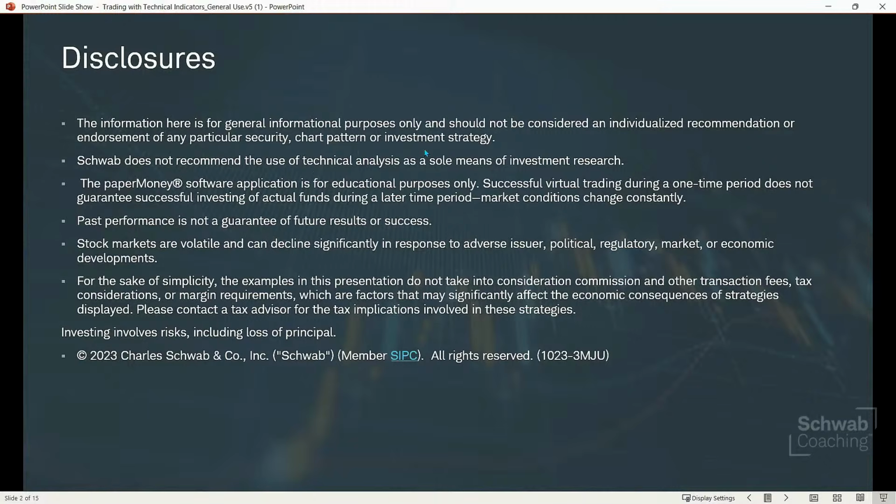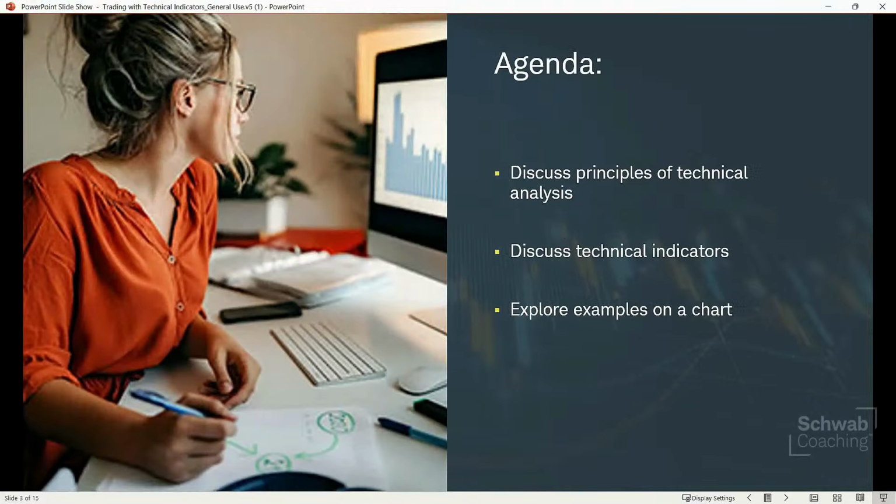So I'm going to show you some things as examples, and I've said that over and over again. I need you to take it as that, right? And so the biggest thing is, as we talk about these indicators, you get to decide if it's something you would consider. Also remember that we will use the paper money software application for educational purposes. And also remember that when we talk about investing, all investing involves risk, including loss of principal.